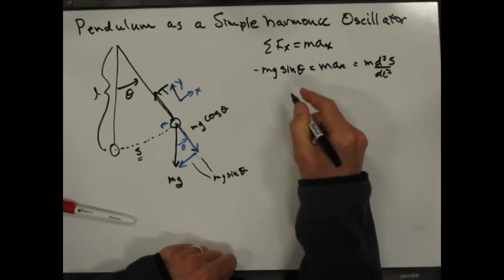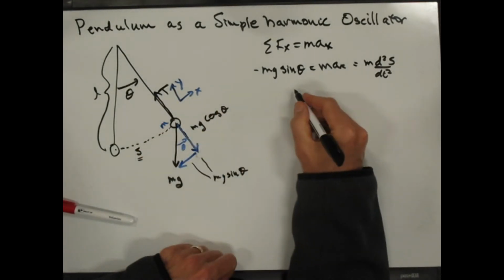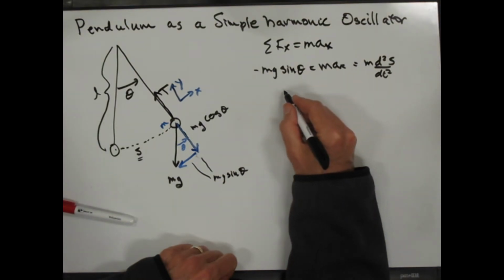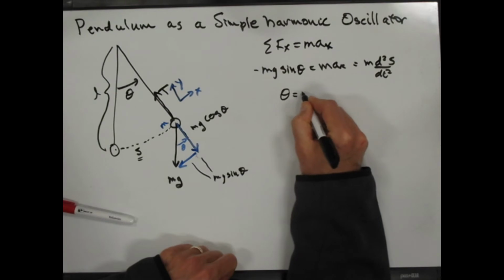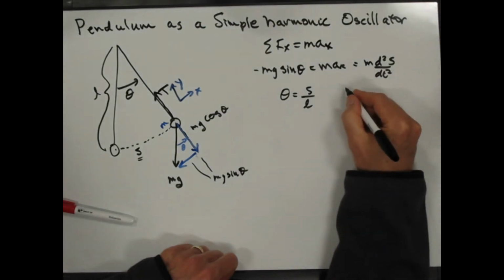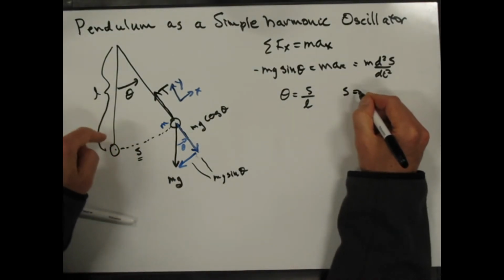And so we can relate s to the angle. If you remember when we started talking about angles in radians, theta is equal to the arc length, which is in this case s, divided by the radius L. That's how we define the angle in radians.